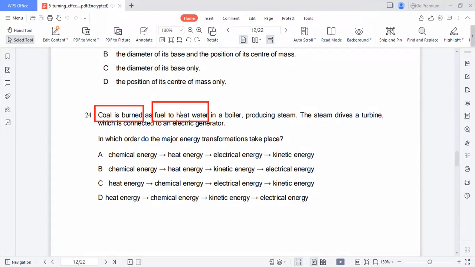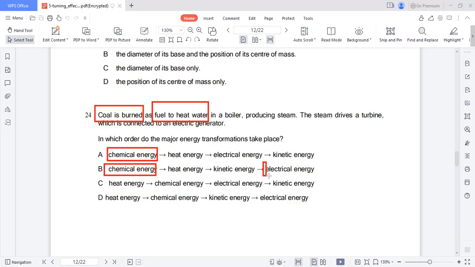Heat energy is used to heat water that produces steam that drives the turbine. When the turbine runs, it is connected to a generator to create electrical energy. So at the start we have chemical energy, and at the end we have electrical energy.